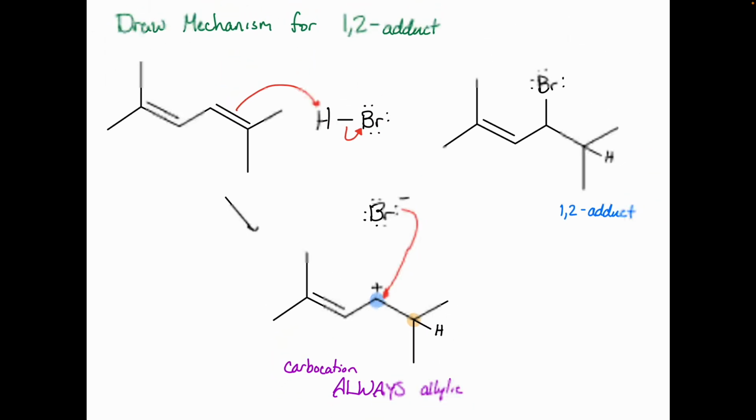Okay. So just like we saw for our regular addition to alkenes, we're going to have this carbocation intermediate. Again, just like with regular addition to alkenes, the carbocation is going to form on that more stable position. But now that more stable position is always going to be an allylic position, right? Because that's even more stable than worrying about degrees of substitution. Okay, so let's just summarize real quick.